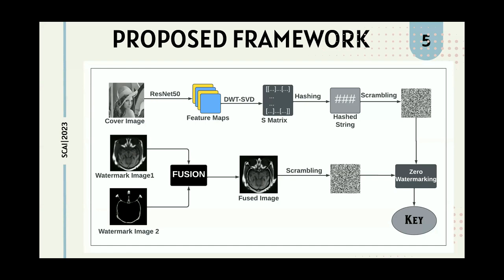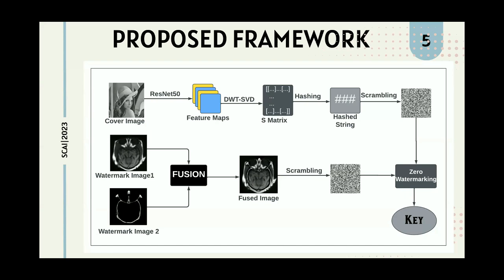After taking the XOR, we compare what output I'm getting and what the input was. On the basis of that comparison, the key is generated. And with that key and the compared output we have received, based only on those two things, we will be able to regenerate the watermark image which was embedded in it.